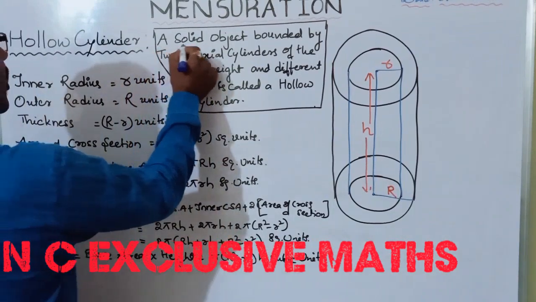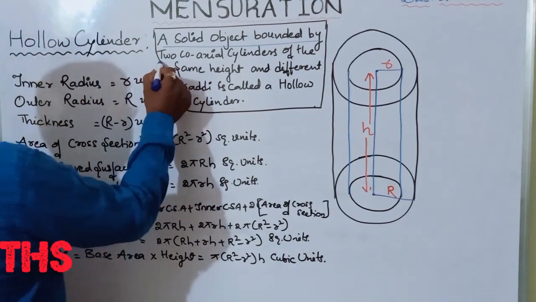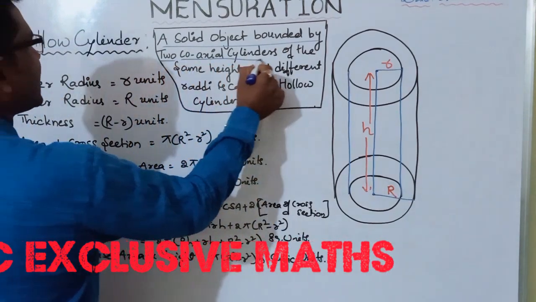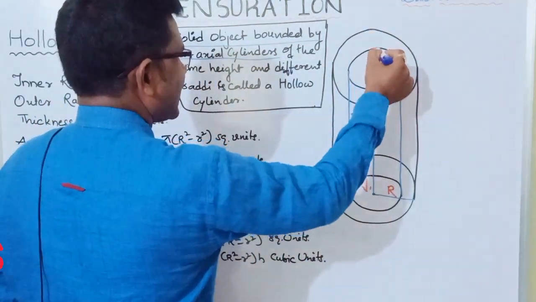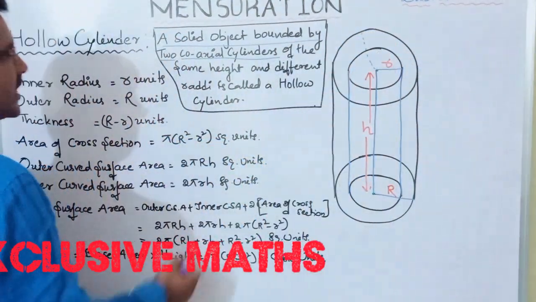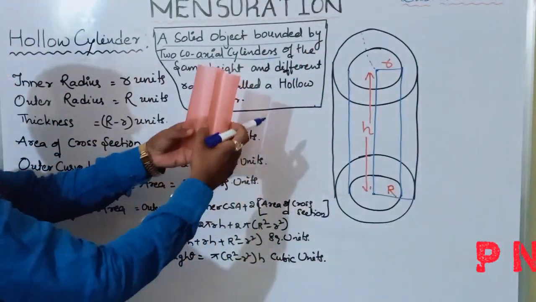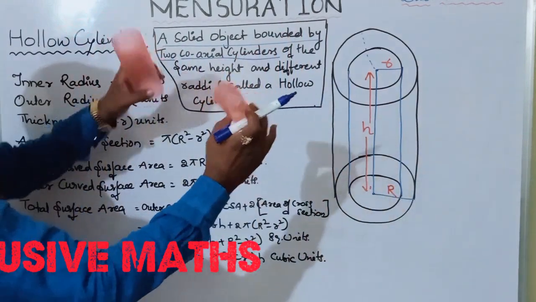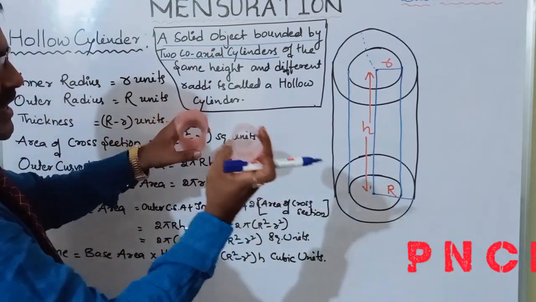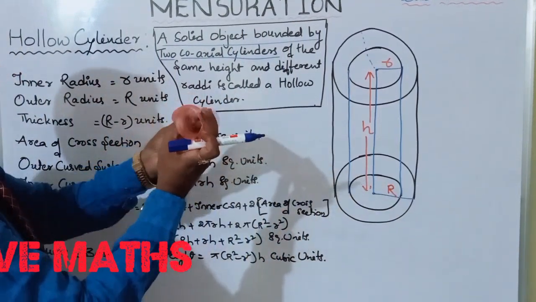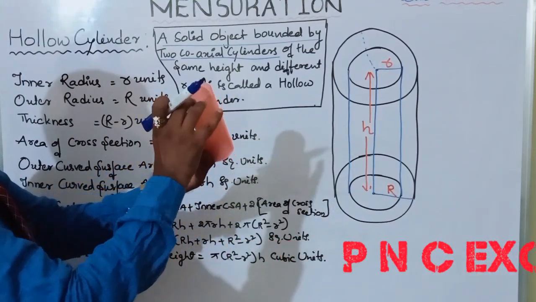A solid object bounded by two coaxial cylinders of the same height and different radii is called a hollow cylinder. Such a type of solid is called a hollow cylinder.